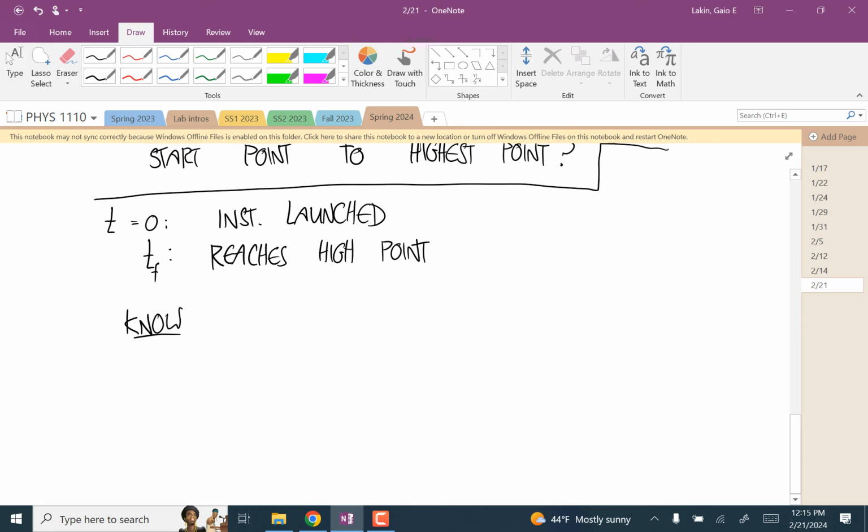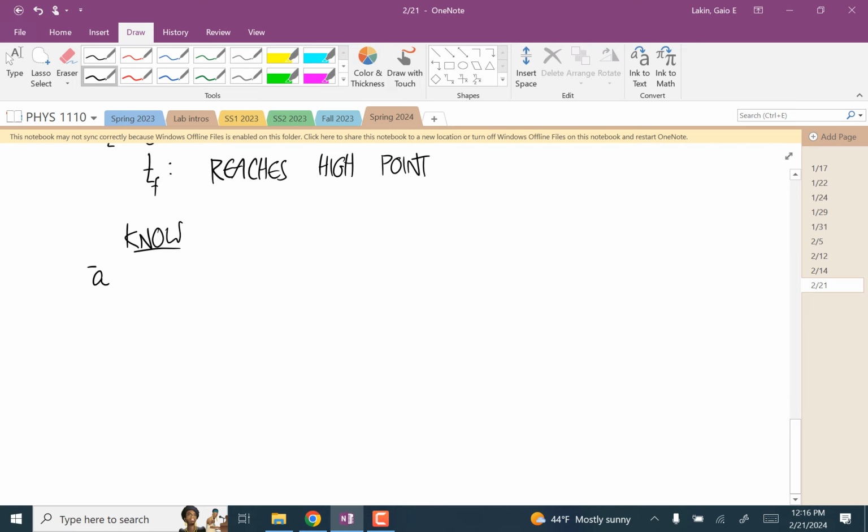Do we know the acceleration vector? In free fall problems, you always know that. If your y-axis is pointing up, this acceleration is always going to be 0 for x, negative 9.81 for y. Do we know the position when time is equal to 0?